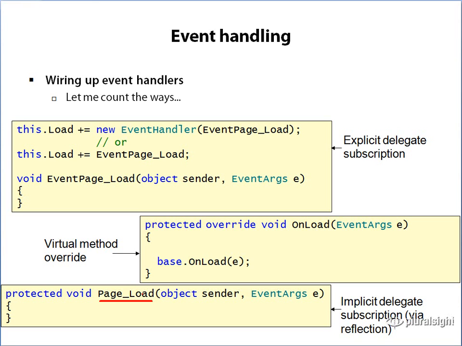And what happens when you do this is ASP.NET will implicitly subscribe that function via a delegate to the corresponding event in the page lifecycle. So you don't have to wire it up yourself. You don't have to override a virtual function. All you have to do is write a function that is named that. And this is a feature called AutoEventWireup that is enabled by default, and it is the preferred model in Visual Studio 2008 as well as 2005.